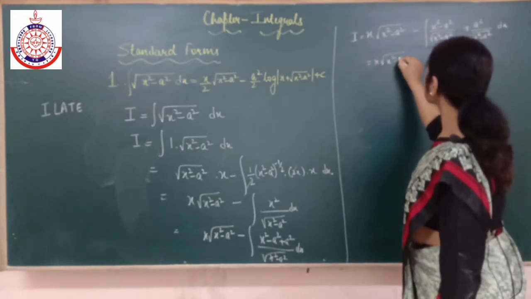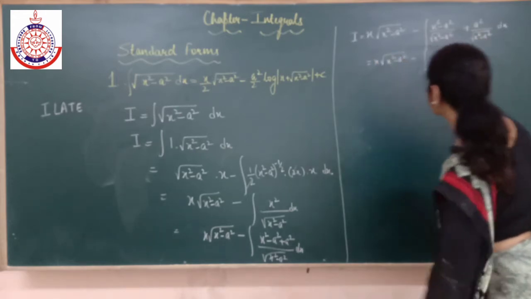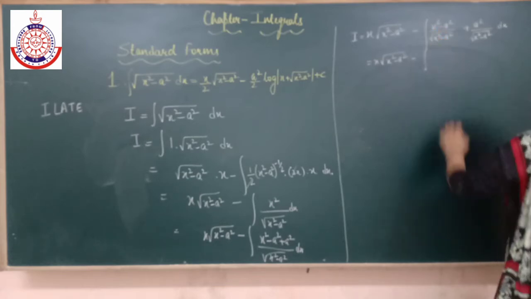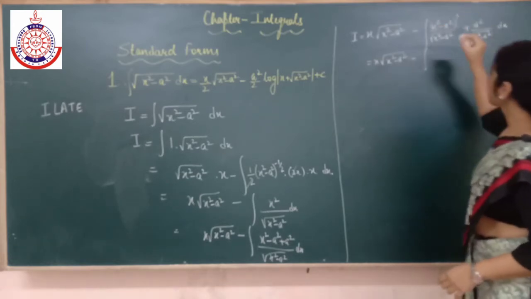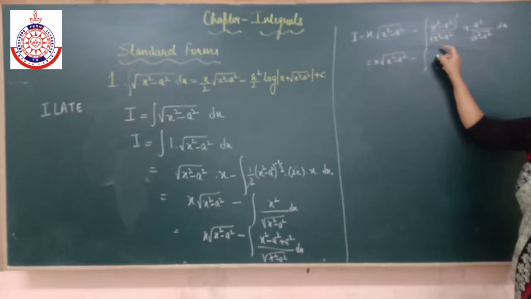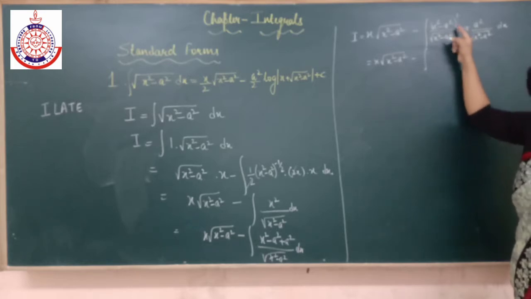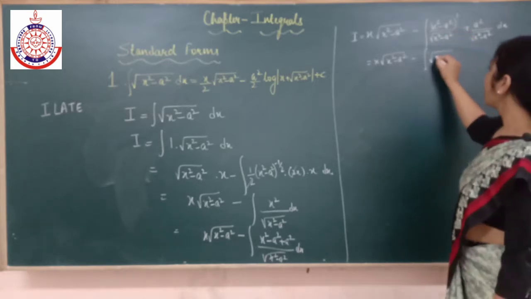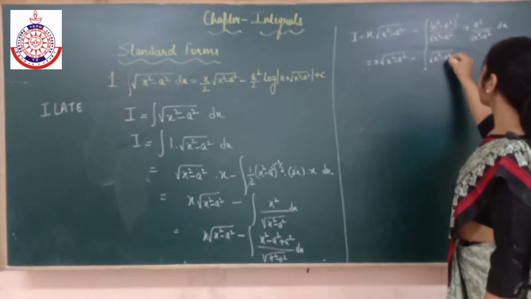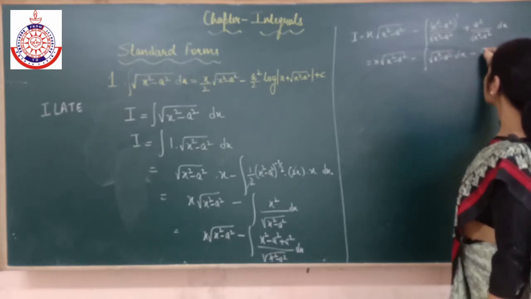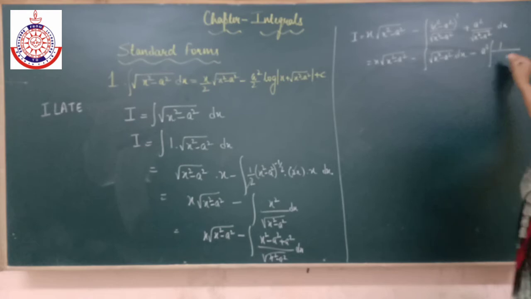Now here what is left? x square minus a square, the power is 1 above, and x square minus a square, the power is half below. The same term has power 1 above and half below, so what remains above is half. And I am going to segregate the integrals also. a square is a constant. Take it outside.